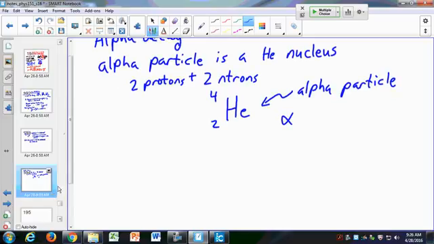So let's look at the decay of plutonium-242. That means it has 94 protons and 242 protons and neutrons. Notice it has a lot more neutrons than protons. Remember we talked about how unequal numbers of neutrons and protons make it unstable.